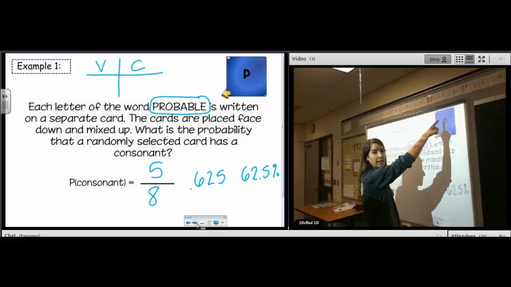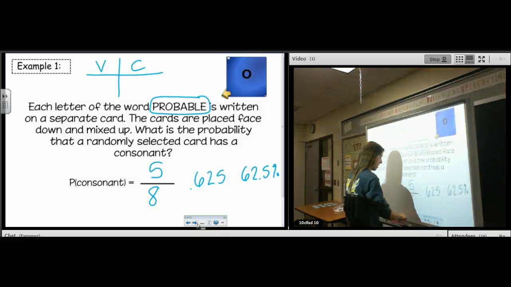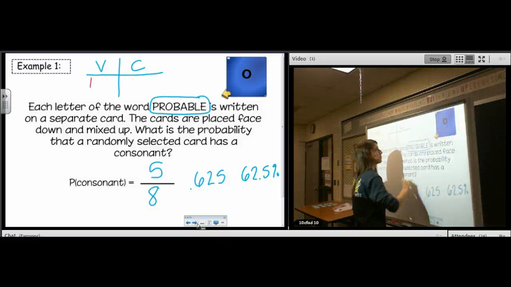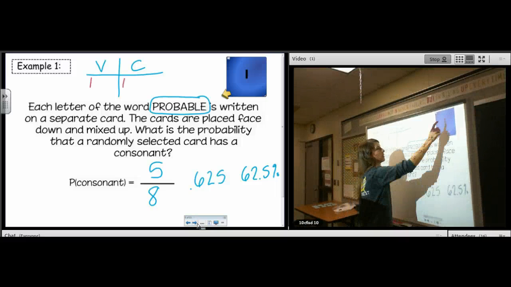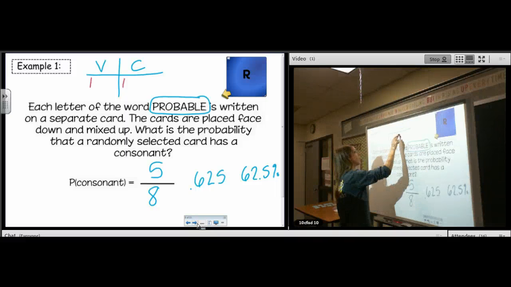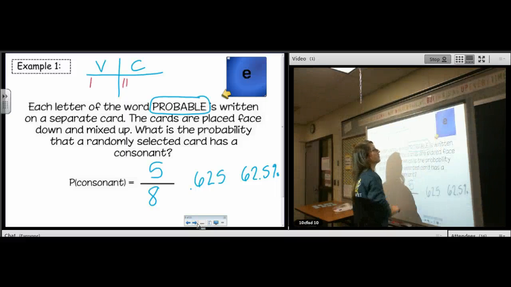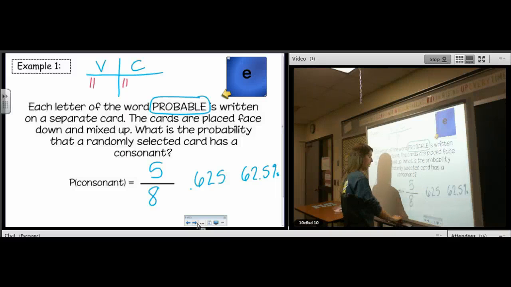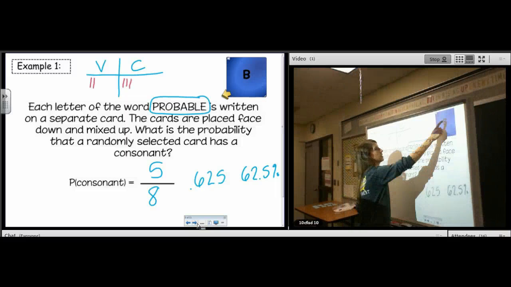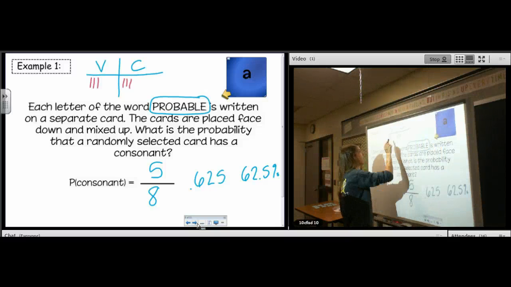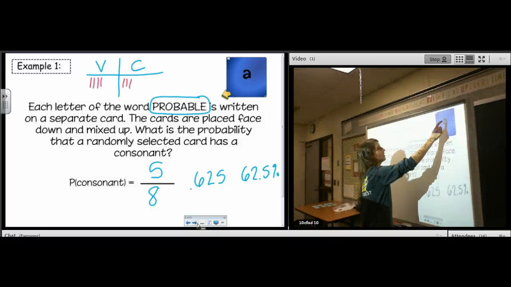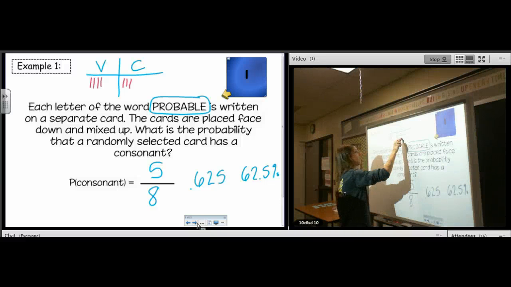All right, so I'm just going to click this 8 times. 1, oh, I got a vowel. 2, that's an L, by the way, so that's a consonant. 3, I got an R, that's a consonant. 4, vowel. 5, consonant. 6, vowel. 7, uh-oh, vowel. And 8, consonant.